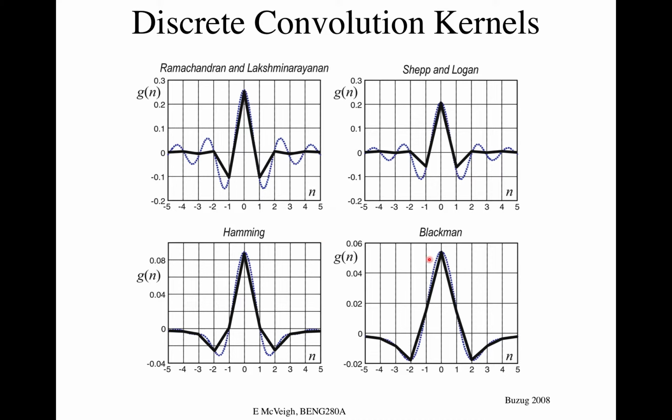So here are some discrete convolution kernels. This is basically the ramp function. Shepp-Logan is here, Hamming here, and a Blackman, which we didn't look at.